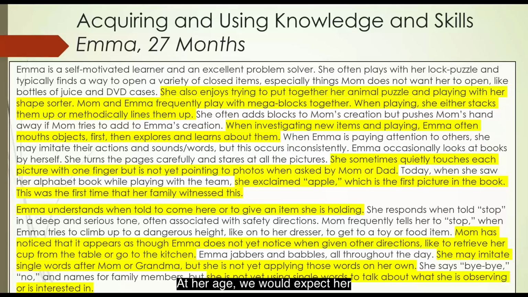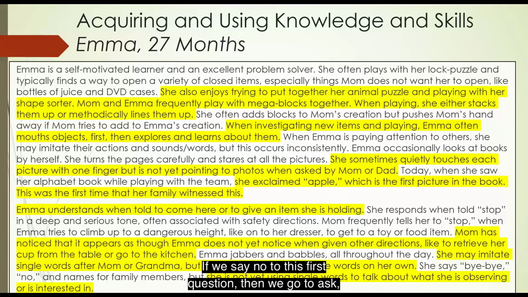At her age, we would expect her to be using 2 to 3 word phrases, labeling those pictures, following multi-step directions. So if we look at the skills that she has, I don't think she quite has anything that is age expected of a 27-month-old. She may have a few things that are closer, and she may have some things that are younger, though.